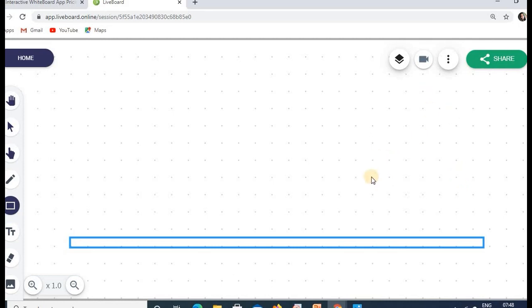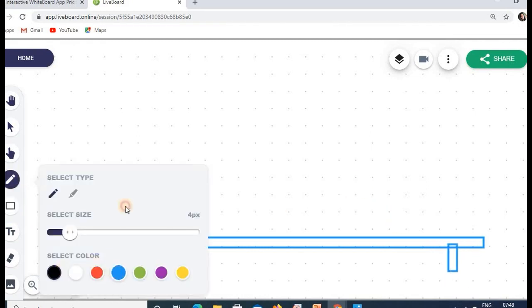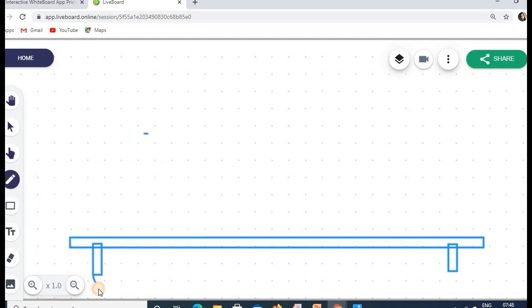So this is the optical bench, and it will be having some adjustable screws, like this way. I can draw. There will be some screws here. You can adjust these screws.